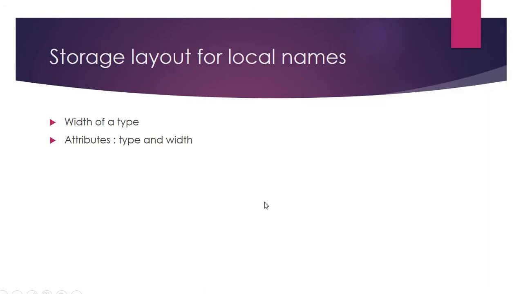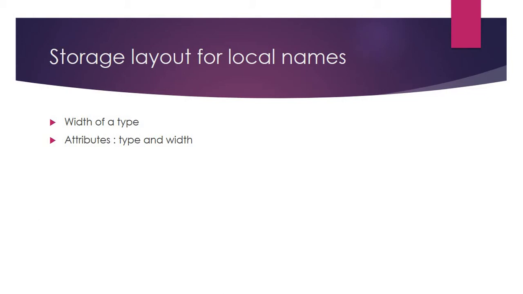First, let us see the storage layout for local names. In this, the type of the variable is very important. Based on the type, the width, that is the memory space allocated for the variable, will differ. For example, if it is an integer, the width, that is the storage space allocated for the particular variable in memory, will be 4 bytes.